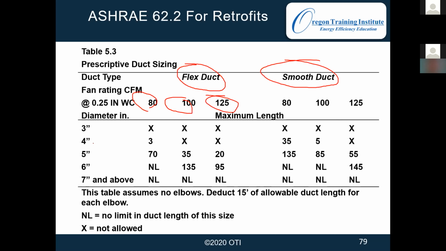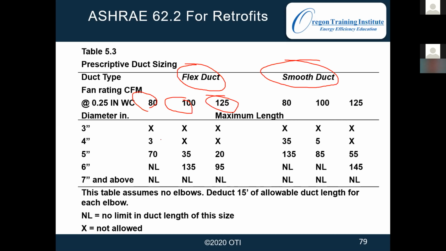If we went with 4-inch flex on an 80 CFM fan, which in Oregon is what we're required by local specialty code at a minimum, we would only be able to run 3 feet. And that's not going to cut it, even if we are 3 feet from venting it out, because each elbow is going to add an extra 15 feet.